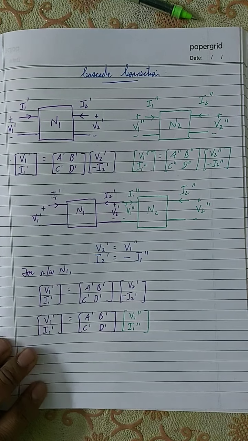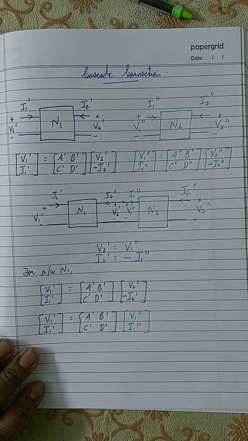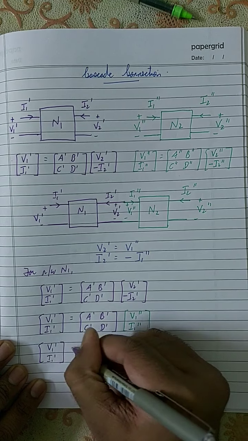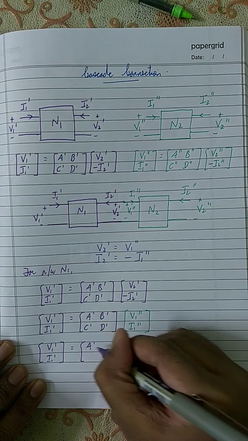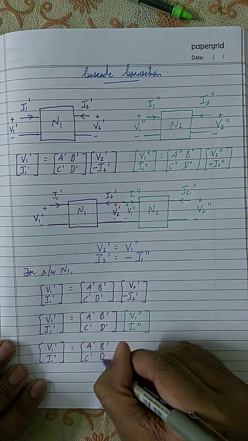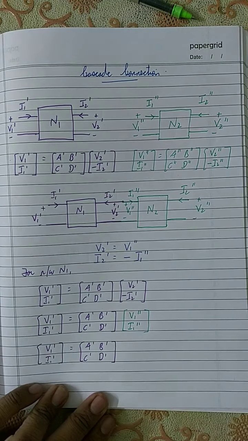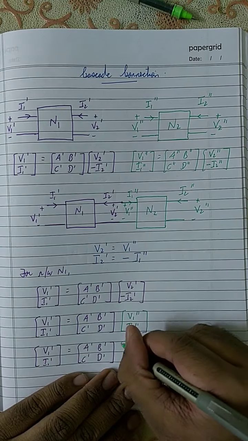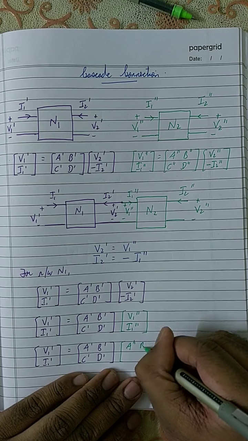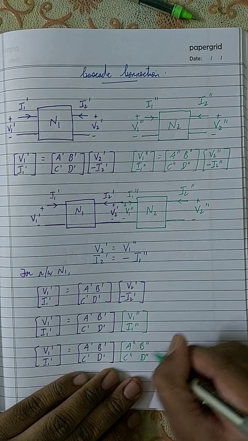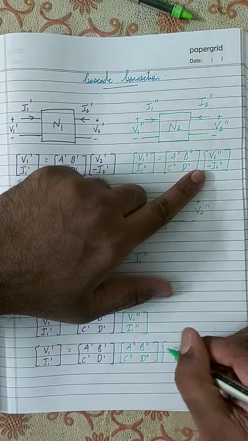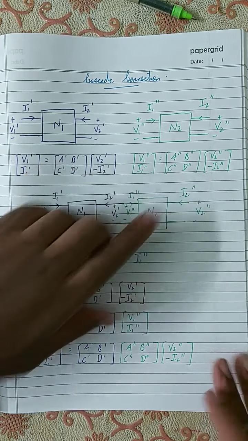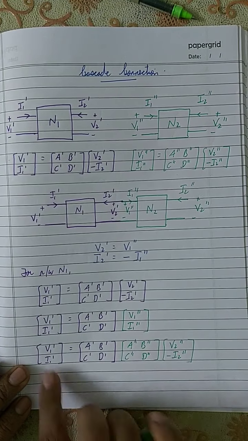You will get [V1 dash, I1 dash] is equal to [A dash, B dash, C dash, D dash], and instead of this vector we can write the equation of the second network: [A double dash, B double dash, C double dash, D double dash] into [V2 double dash, minus I2 double dash].